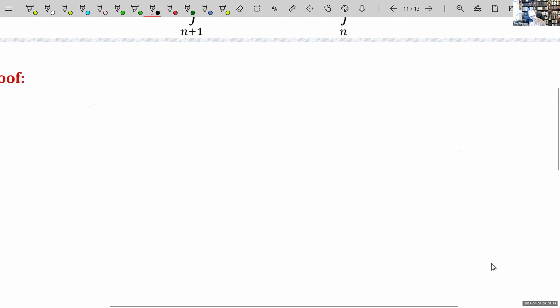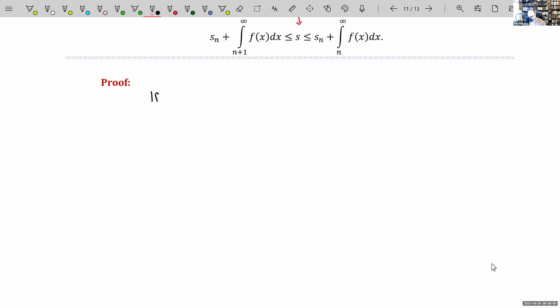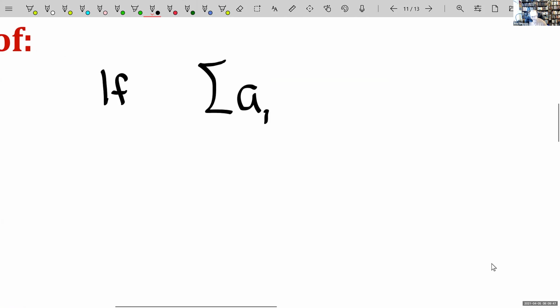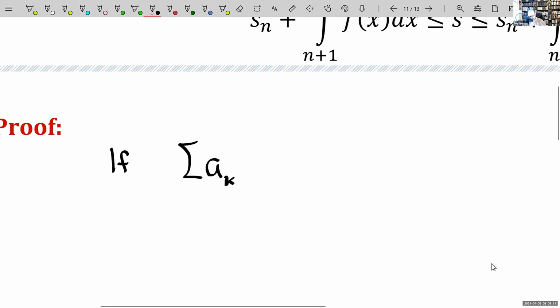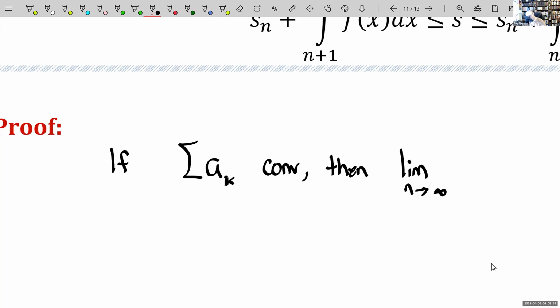First of all, if the summation a sub n, let's call it a sub k because I want to match my notation, if the summation a sub k converges, then the limit as k goes to infinity of a sub k, we know that's going to be 0.